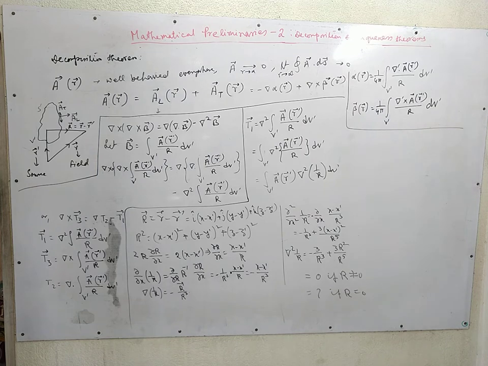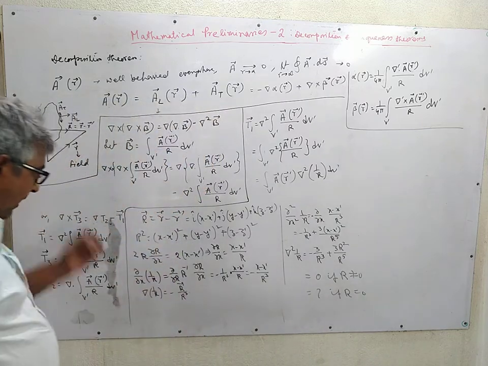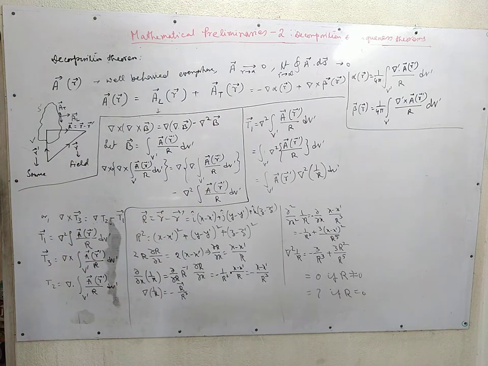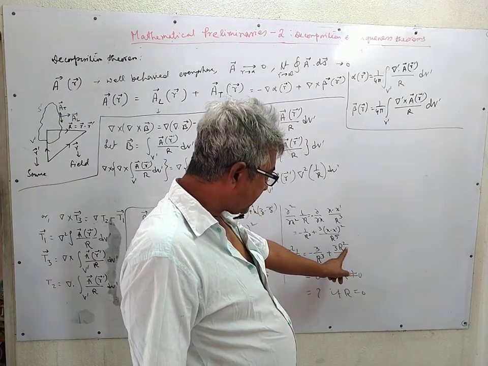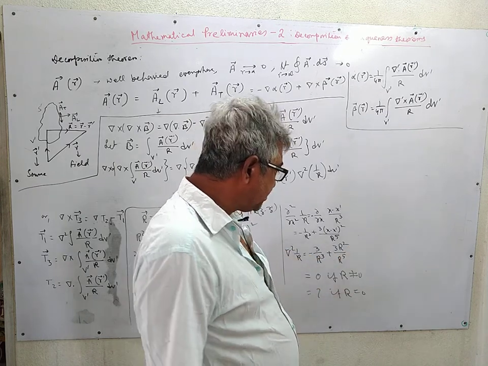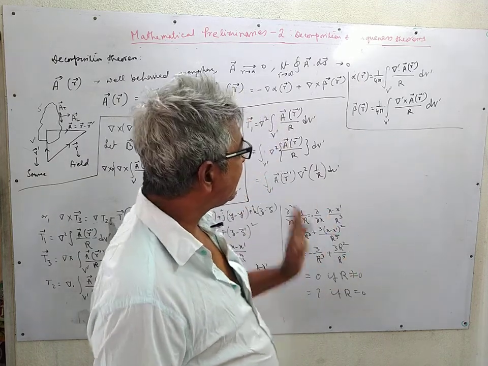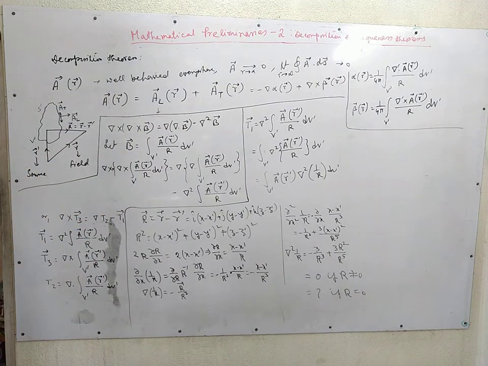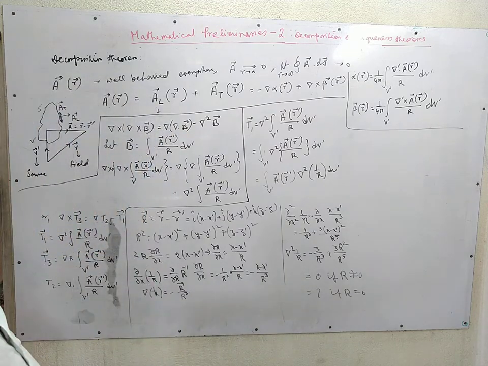We'll see that nabla square of 1 by R has a very high value at capital R equal to 0. This is apparent from the fact that the numerator goes to 0 in the form 0 square and the denominator goes to 0 in the form 0 to the power 5. So there is a very high peak of the quantity at R equal to 0. Indeed, we shall see in our forthcoming classes that this is related to the delta function.